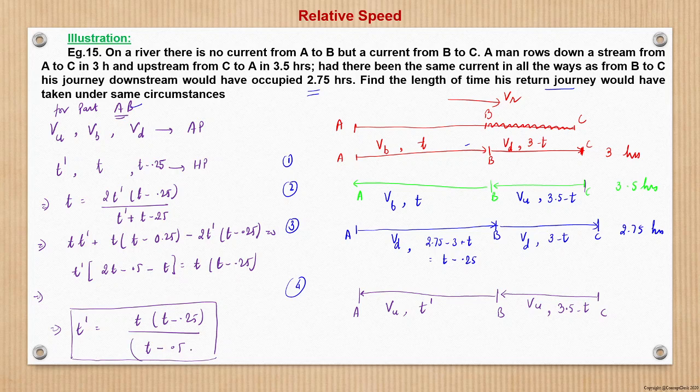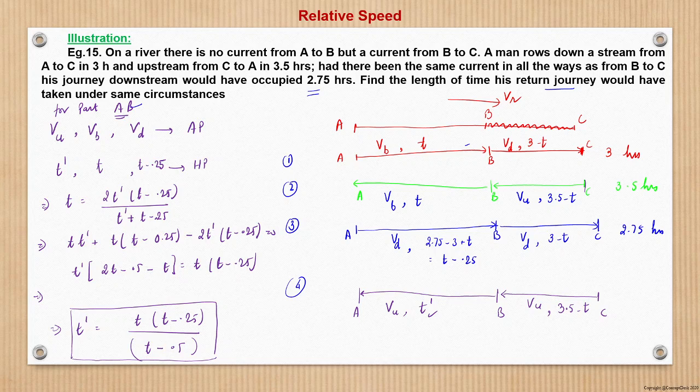So this is the relation which I have got, that is the t dash, this time, is nothing but t into t minus 0.25 upon t minus 0.5. Otherwise also we could have got this. How? Because we could have equated the ratio of VU and VD, taking the proportionality.